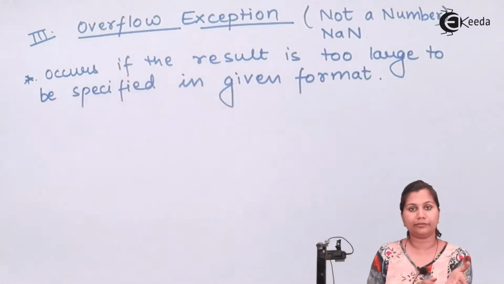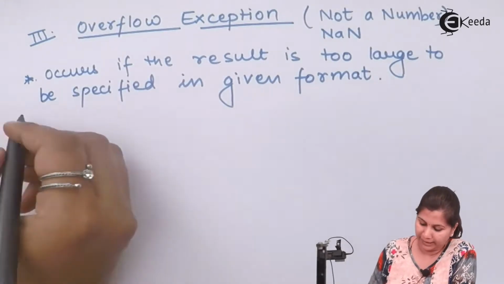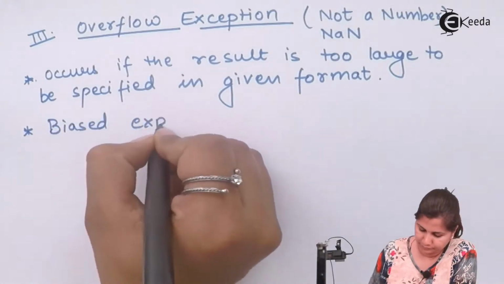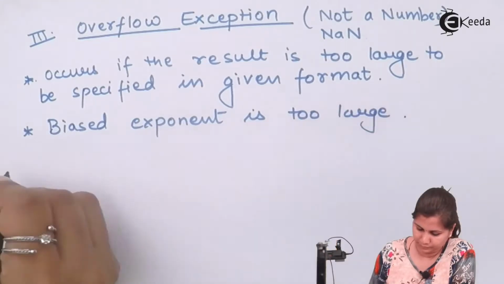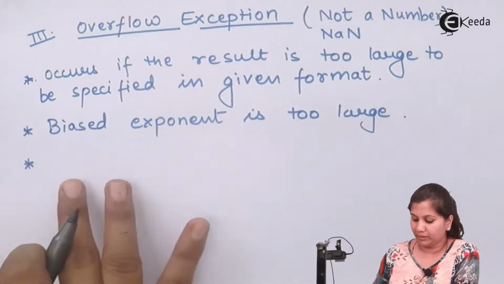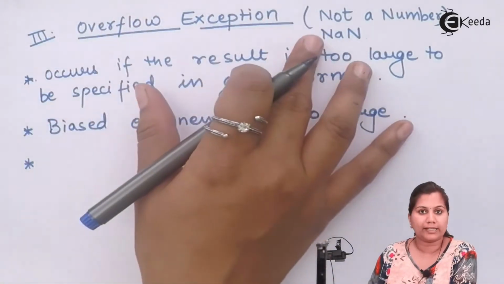So in the underflow, the biased exponent was very small. Here the biased exponent is too large. So what the 8087 will do is make that biased exponent all 1 and then generate the overflow exception.